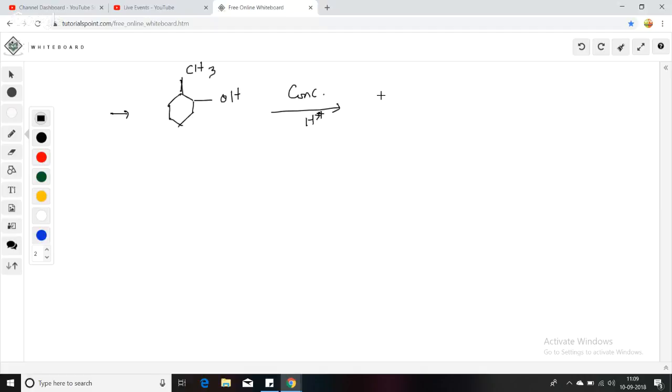For these kinds of questions, understanding the mechanism is important. This OH takes H plus from the acid and forms OH2 plus, and here we have CH3 as it is.